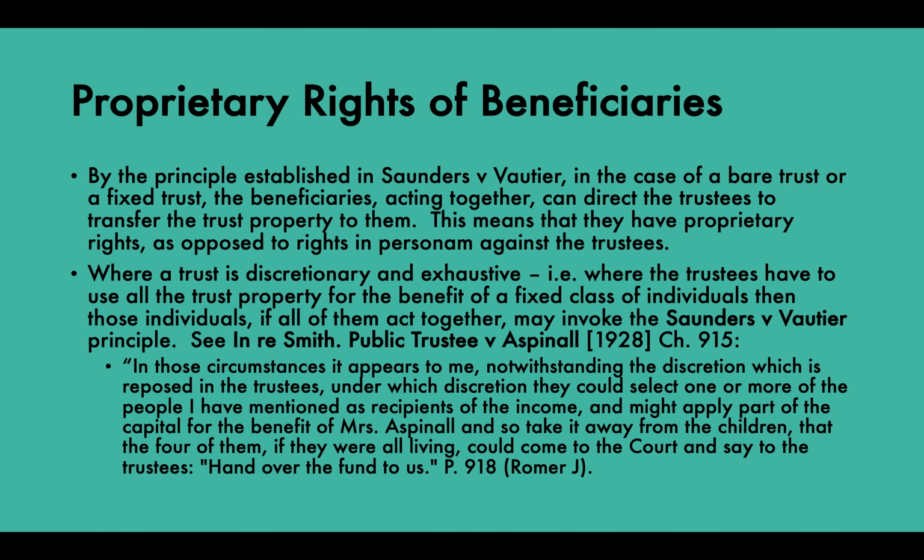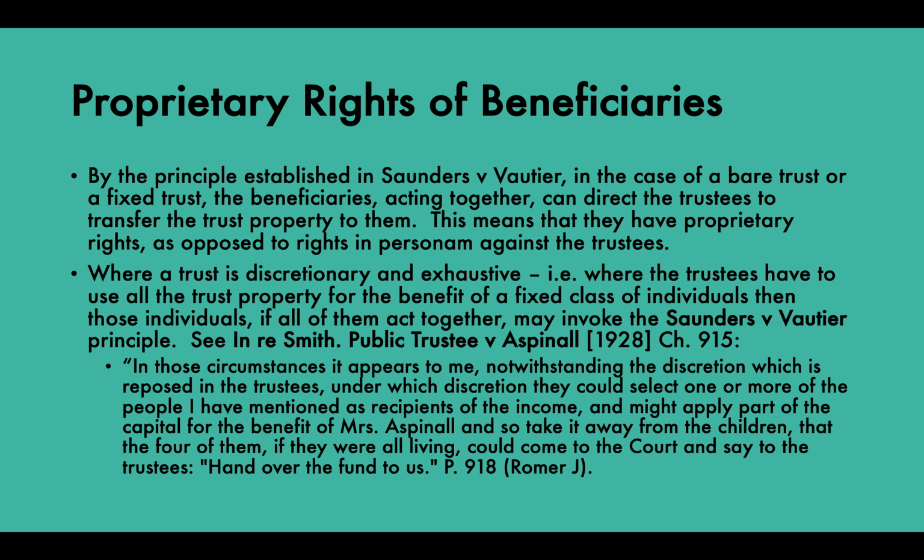The proprietary rights of beneficiaries. By the principle established in Saunders v Vautier, in the case of a bare trust or fixed trust, the beneficiaries acting together can direct the trustees to transfer the trust property to them. This means that they have proprietary rights as opposed to rights in personam against the trustee. So beneficiaries own the property in equity.